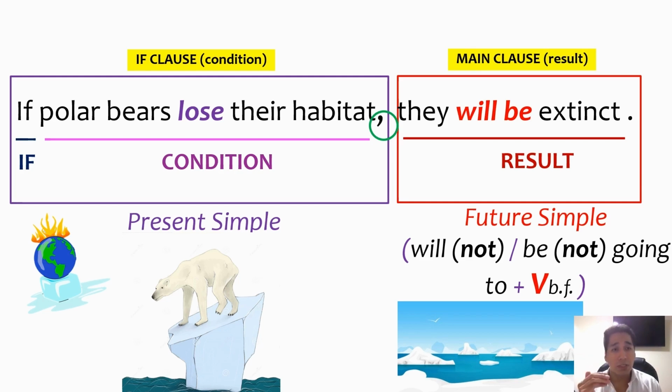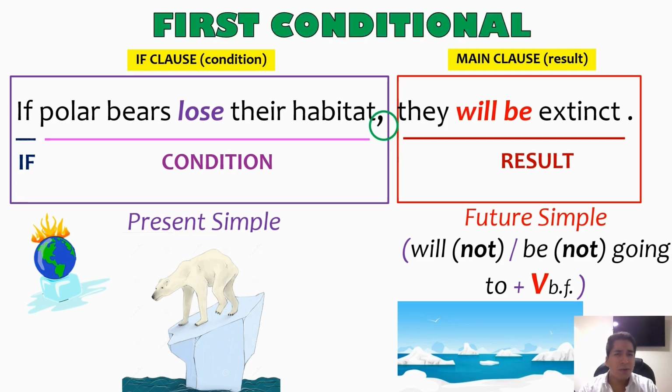Will or be going to. Okay, and then you notice, guys, the use of a comma, right? The use of a comma here is obligatory because we have the if clause first and then the main clause.